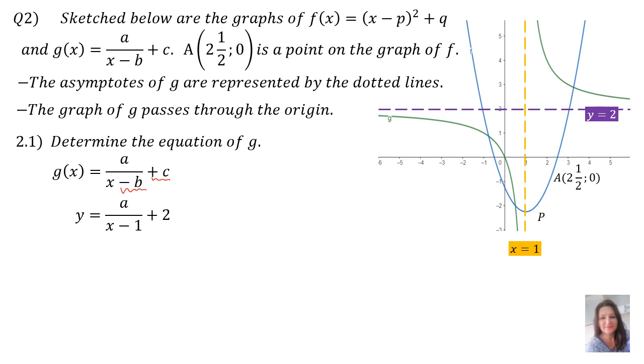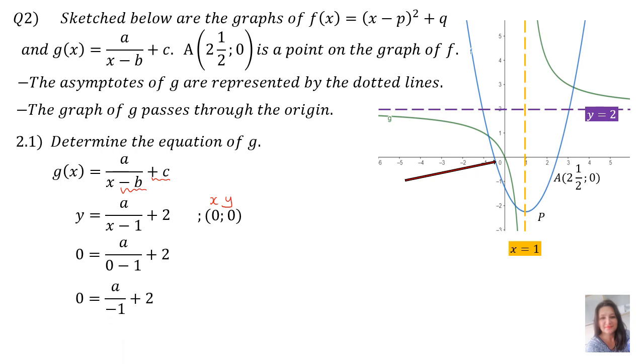Then we need to find a value for a. So we will find a coordinate that lives on the graph, and the only one we've got is the origin, which is the point (0, 0), because they told us the graph of g passes through the origin. Therefore, now we've got a coordinate consisting of an x and a y, (0, 0), we substitute. 0 is equal to a over 0 minus 1 plus 2.